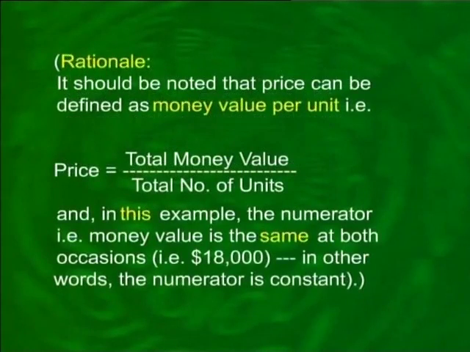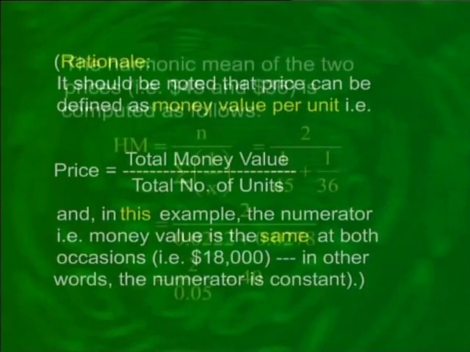Do not forget the rule that when we have expressions like x per y and x is constant, that is the occasion when the harmonic mean is the appropriate average.